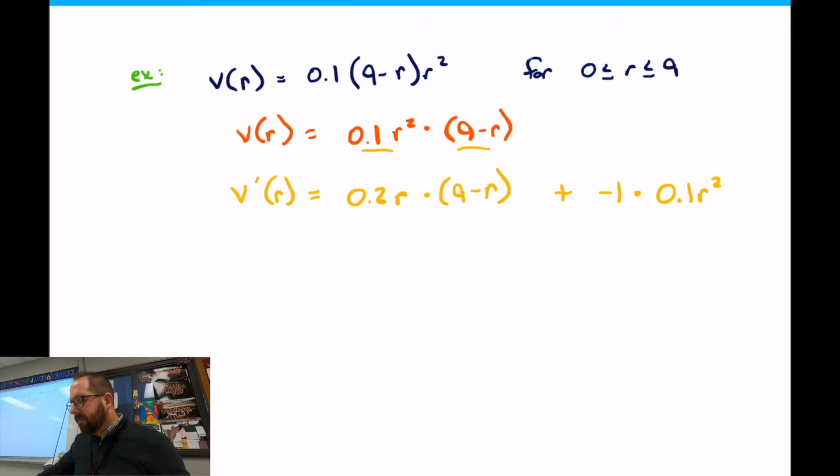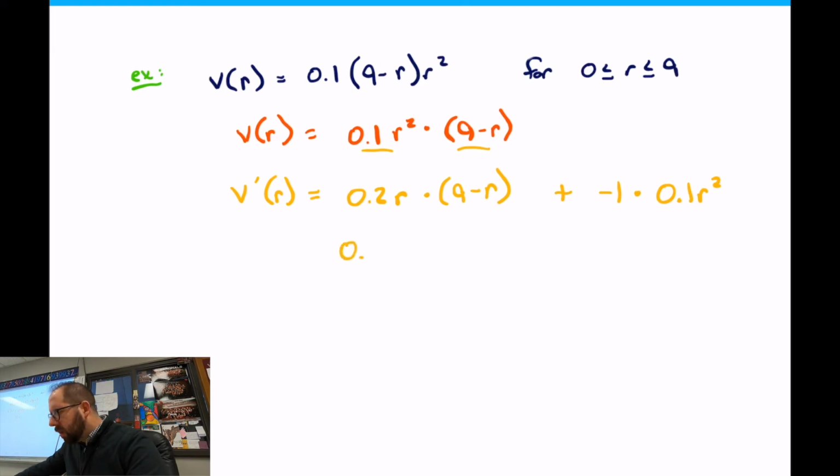I have a limit for all the r's that are between 0 and 9. So it's not a full continuous graph. There's a boundary set for it. The derivative here, if I simplify this thing out and actually work with what I'm looking at here, I have, what is this?